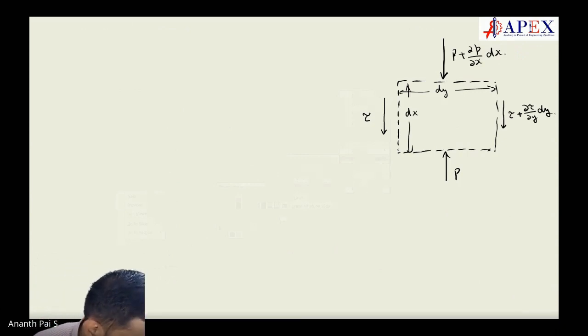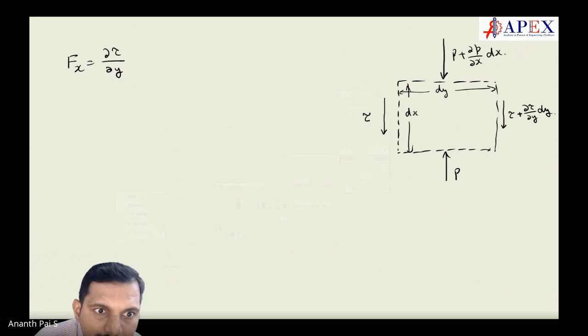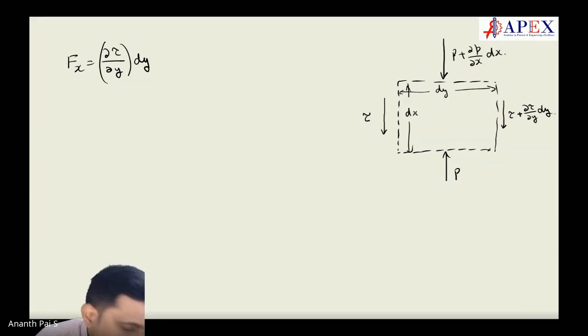Okay. So force Fx based on these, the force is actually equal to dou tau by dou y into dy into dx into 1, dou tau by dou y on this side.